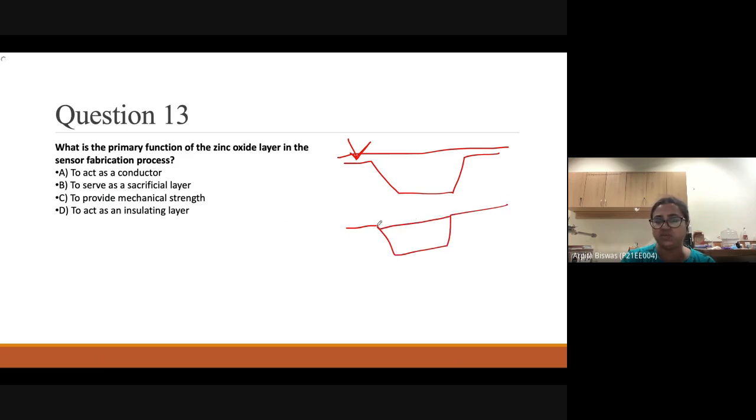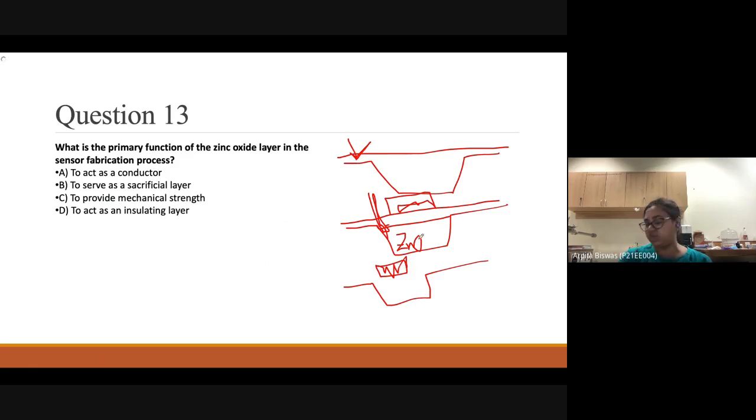Then they deposited some oxide layer here, did surface micromachining, and after that removed that portion by ZnO etching. So there is bulk micromachining and also surface micromachining. After the fabrication, they have removed the ZnO.